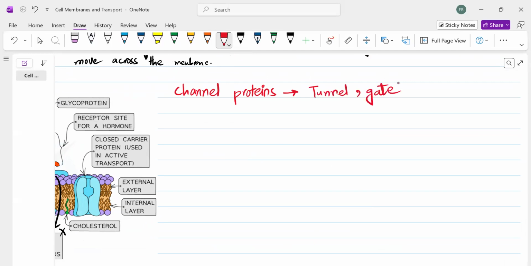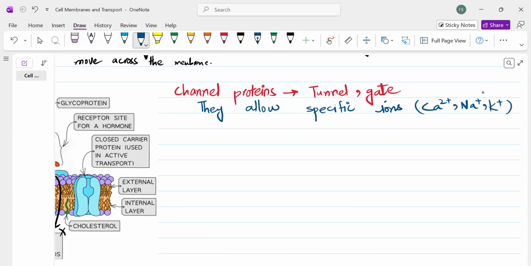They act like a gate, and they will allow specific ions like calcium, sodium, potassium to pass through rapidly, because otherwise these ions cannot pass.